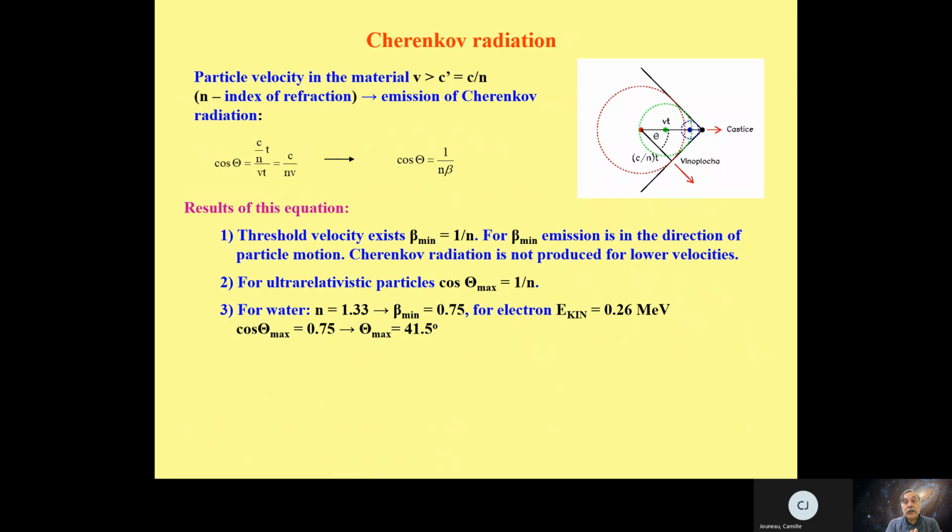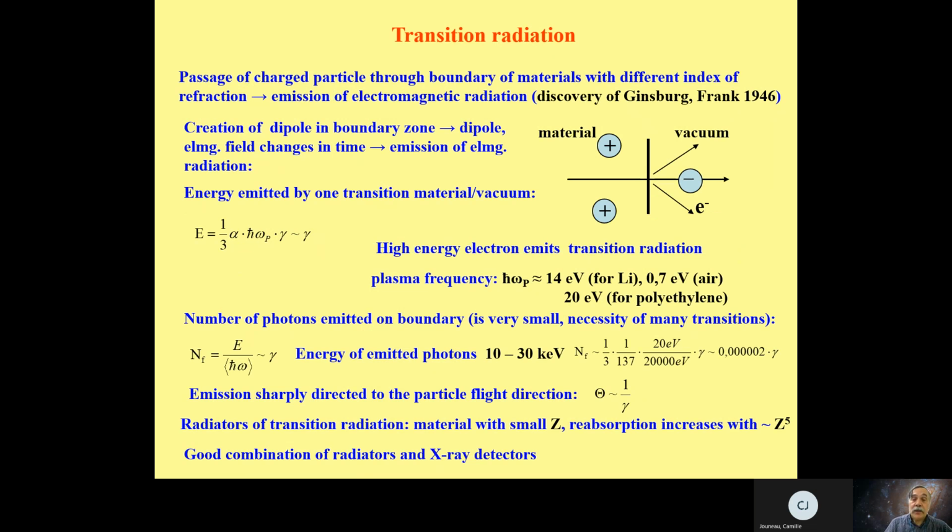Cherenkov radiation is in the visible range of the spectrum of electromagnetic radiation. The direction of light will be, for higher and higher velocities nearer and nearer to the velocity of light, at smaller and smaller angles. That means it will be in the direction of the movement of the particle.